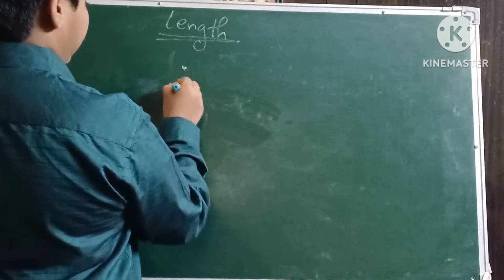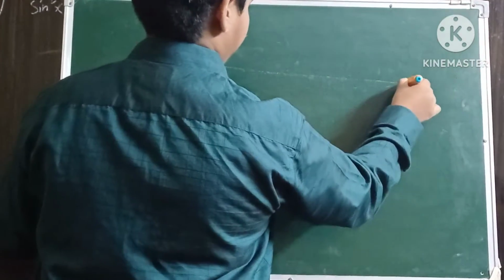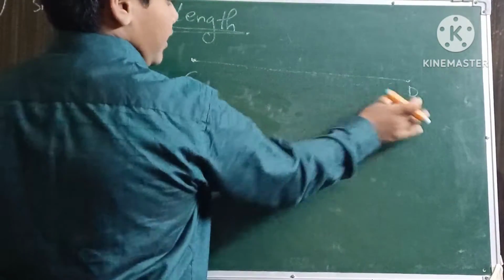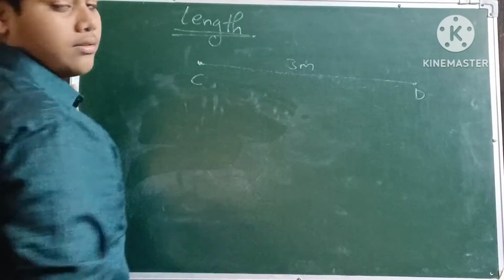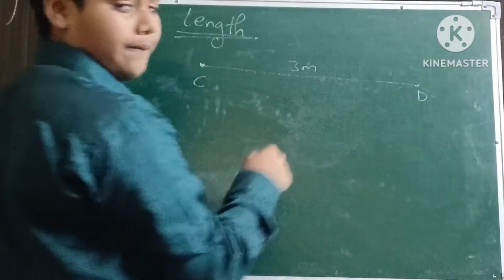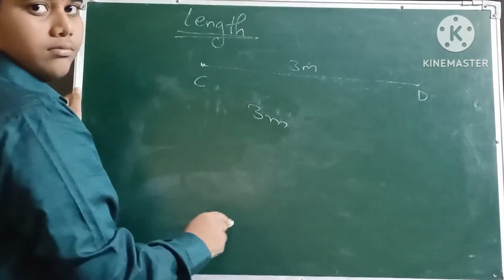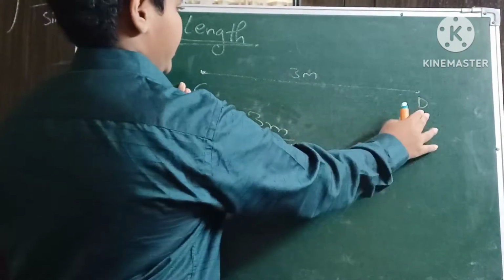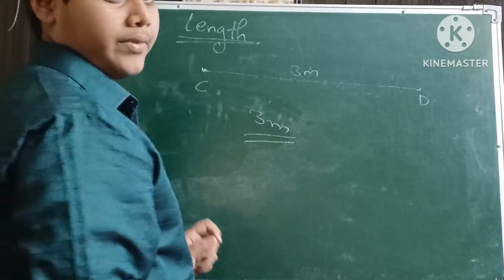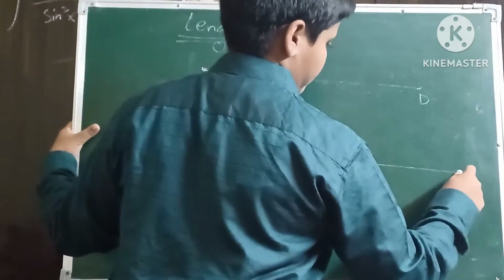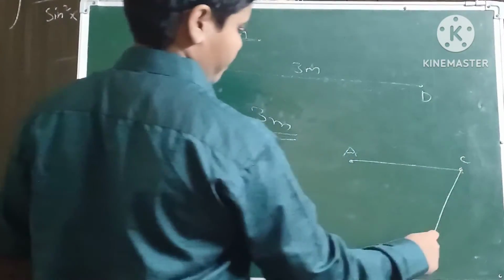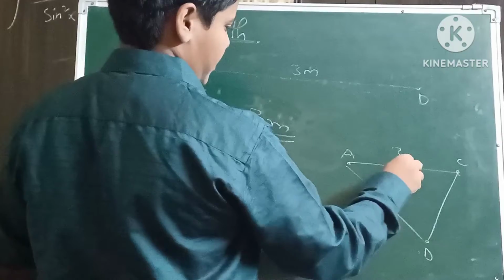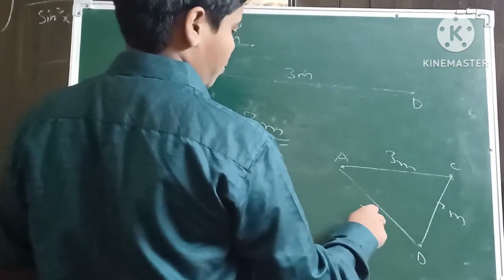For example, if I take point C and point D, and the straight line between C and D is 3 meters, then the length between C and D is 3 meters. And for triangle A, C, D, this side is 3 meters, this is 2 meters, this is 2.5 meters.